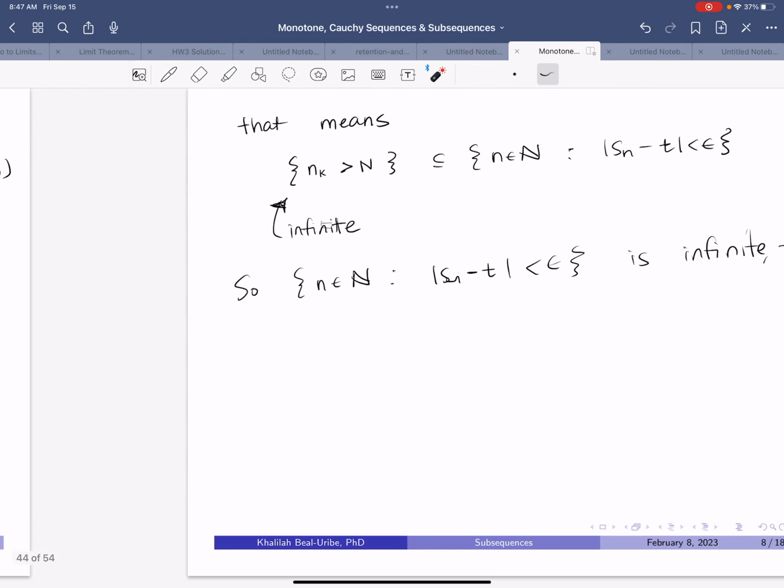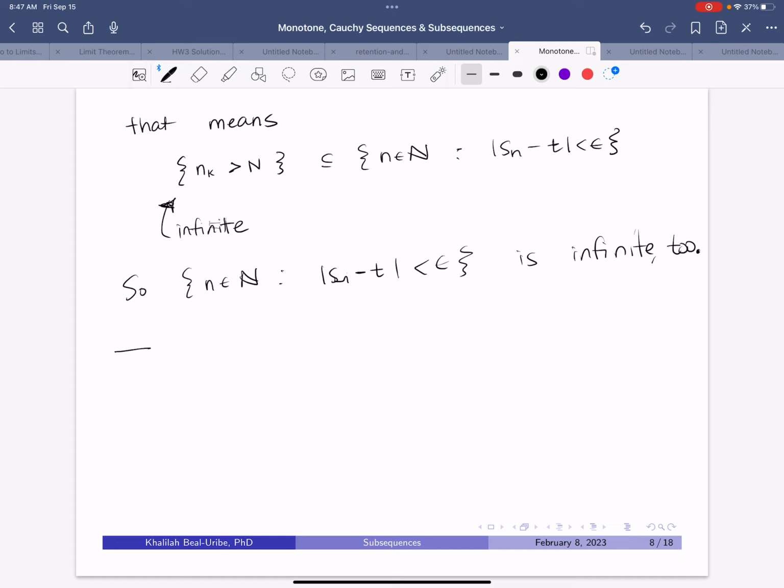On the other hand, suppose that for every epsilon greater than 0, this set is infinite.